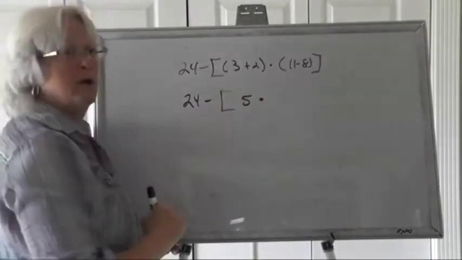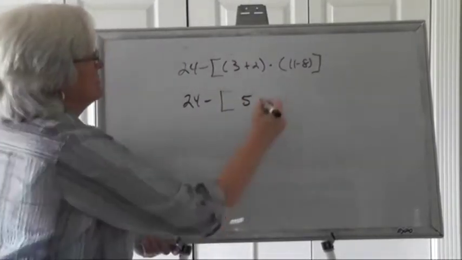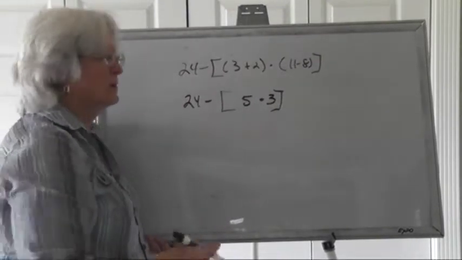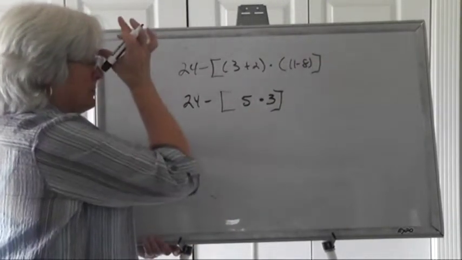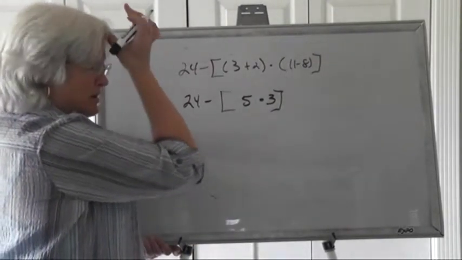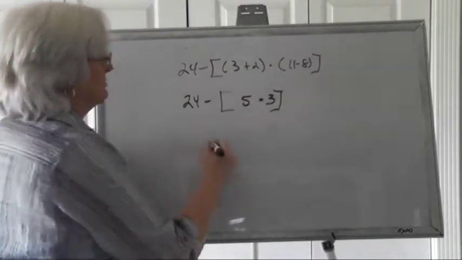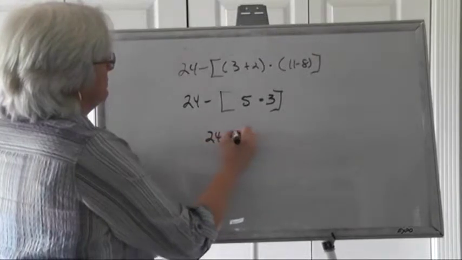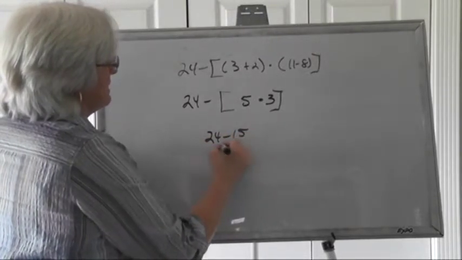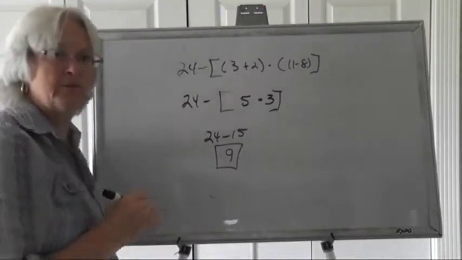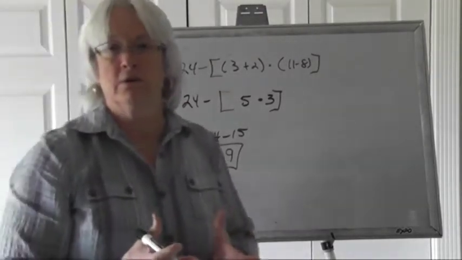Times 11 minus 8, that's 3. Close bracket. We have multiplication and subtraction and brackets going on here. We do what's inside the brackets first. 24 minus 15 gives us an evaluated number of 9.